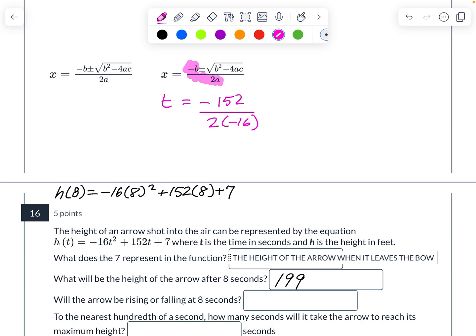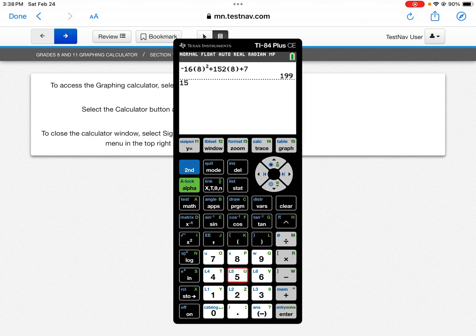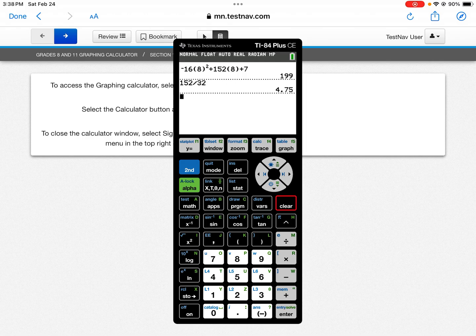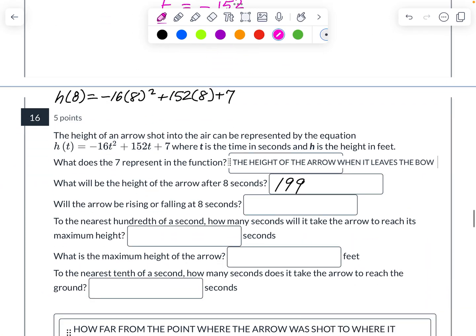So that is 152 divided by 32. So 152 divided by 32 is 4.75. So I want to put in 4.75, and it says to the nearest hundredth, so that's what I want, 4.75.